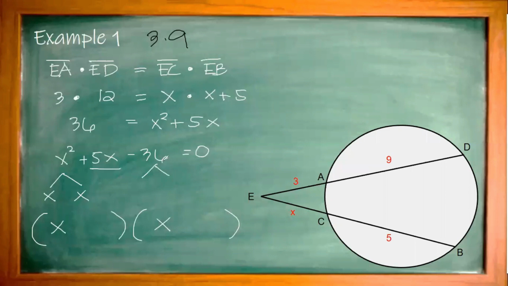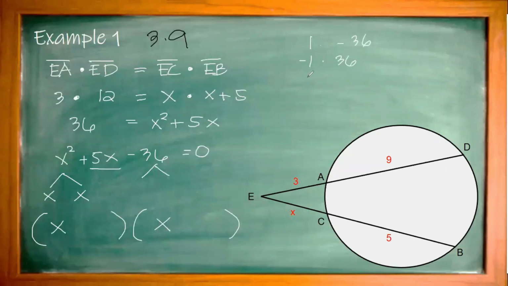Then think of a number, a possible factor of 36, where the difference or the sum of the factors gives 5. So the possible factors of 36 are 1 times negative 36, and negative 1 times positive 36.